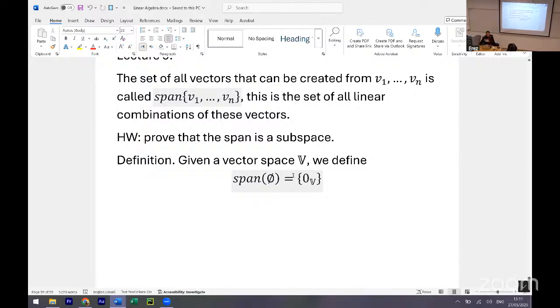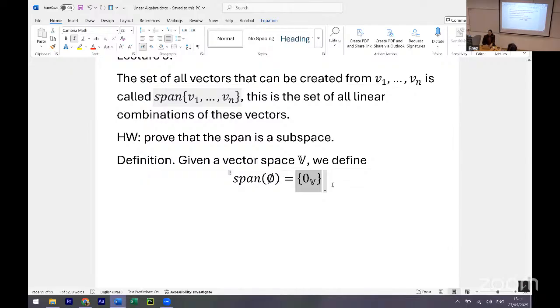In order to create a point, the origin of axes, how many vectors do you need? By this definition, zero. And then the dimension of a single point is zero. It makes sense, and it's nice to use. Okay, so that's why we defined this that way.